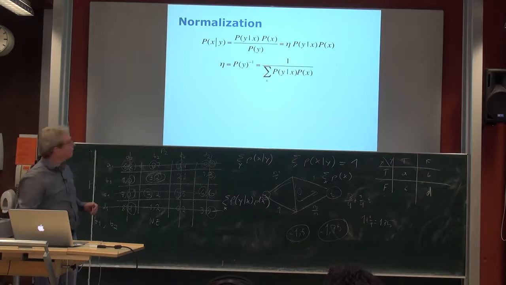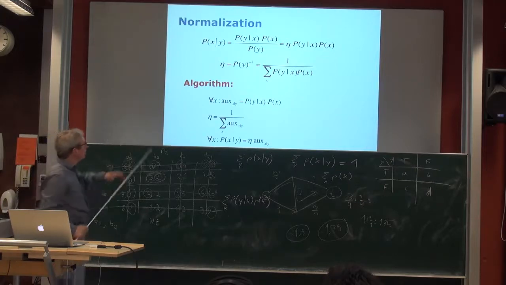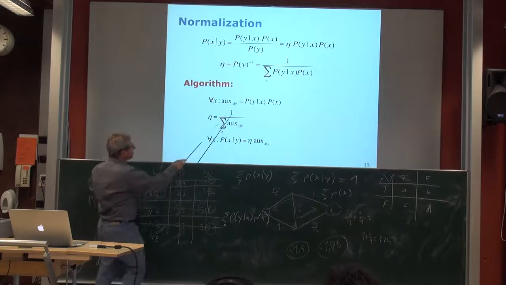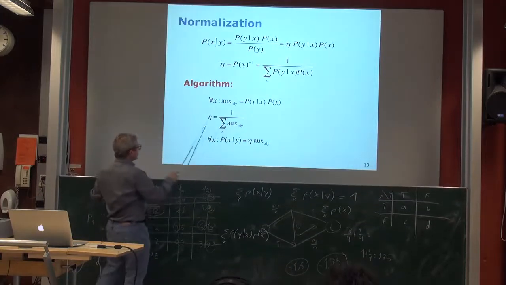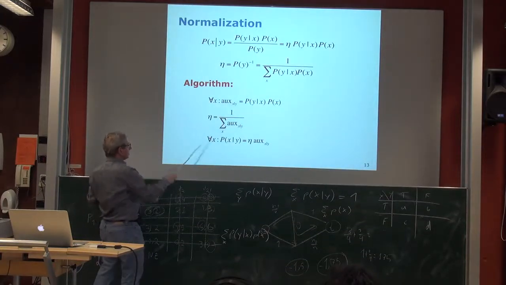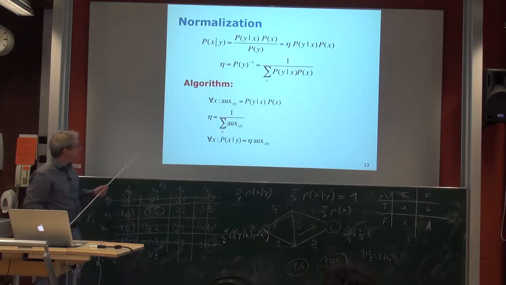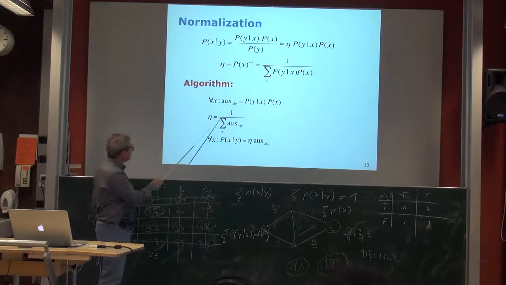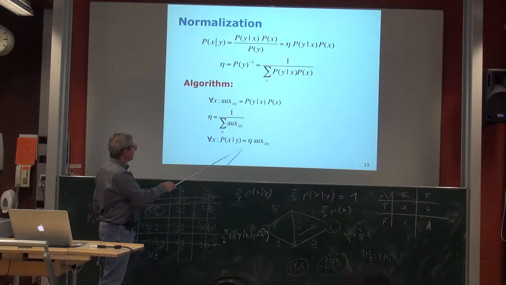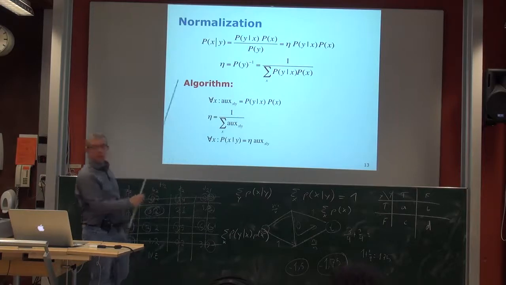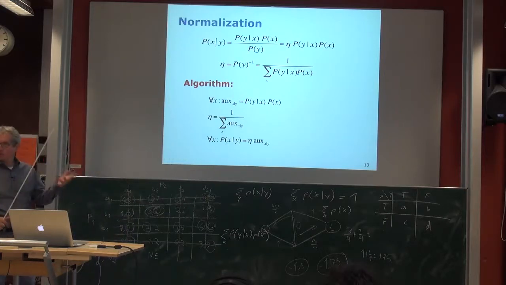And the algorithm that we are going to use is usually like this. We are basically summing up all these quantities. Then eta is 1 divided by this auxiliary variable, and then we multiply this constant with the individual values, and in this way obtain the exact values for every x.